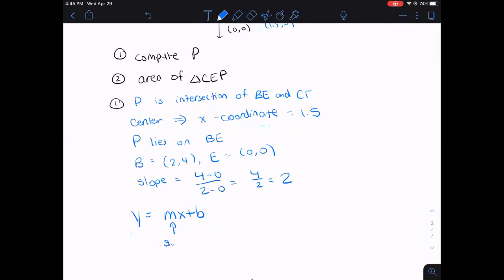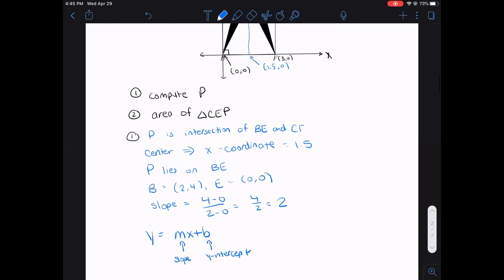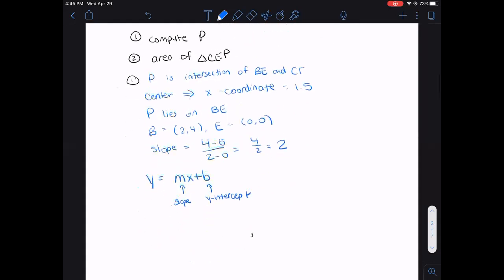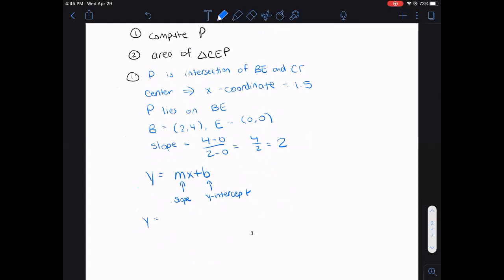This is the slope, and this is the y-intercept. And in this case, the y-intercept is just 0. So we can replace b equals 0, and m is equal to 2. So y equals 2x. And that's actually a pretty nice equation. Since we know x equals 1.5, this means y equals 3. So P equals 1.5, 3.